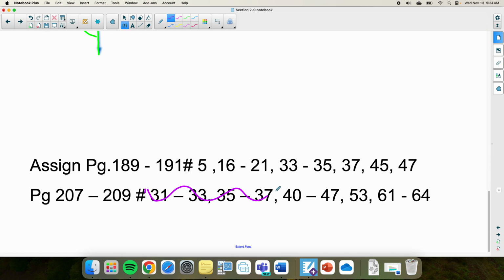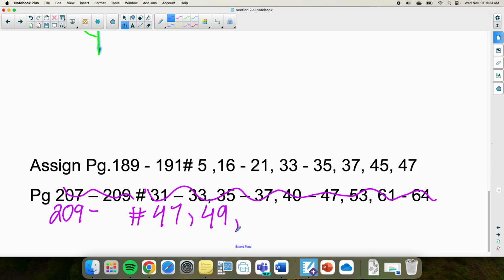So I'm going to change this, and instead, we're going to do page 209 to, and we're going to do 47, 49, and don't worry about graphing those, okay? For today, we won't worry about that.